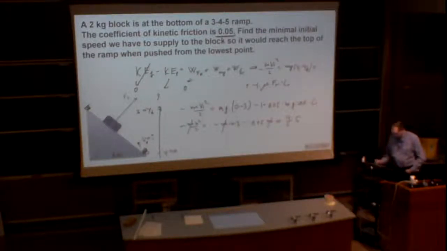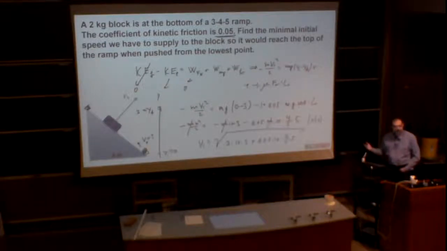And the good thing is, all terms are negative. If we multiply the whole equation by -1, we make everything positive. That's it. And you can solve it: the initial speed should be equal to the square root of 2 times (10 times 3 plus 0.05 times 10 times 4/5 times 5). Done.